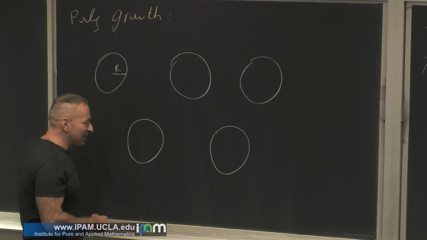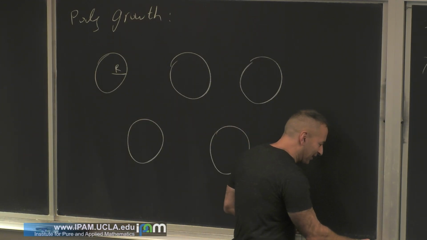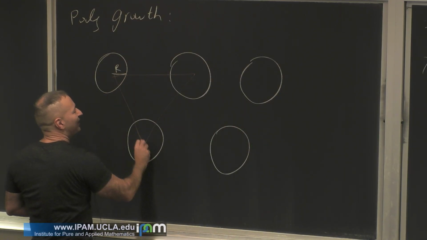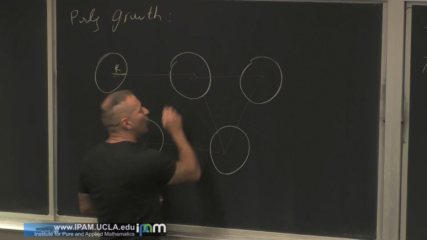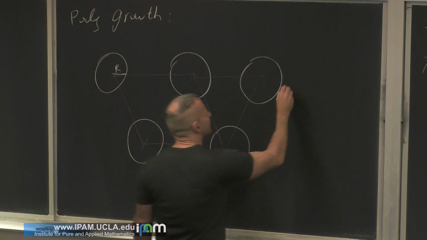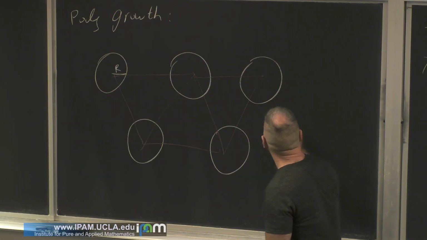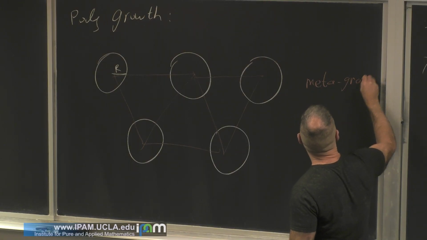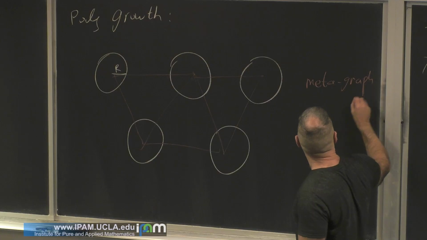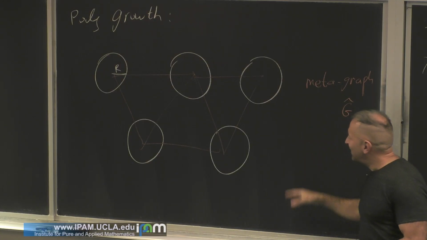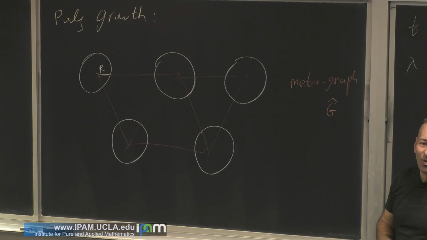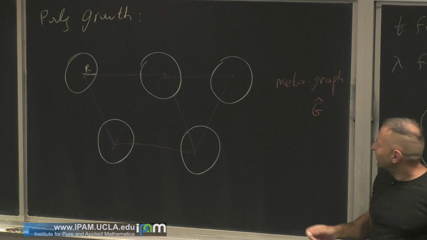And you can consider this meta graph where two balls are adjacent if the distance between them is at most some constant times r. So this is this meta graph, let's call it G hat. Each ball corresponds to a node, and they are connected if the distance is at most, say, 5 times r.